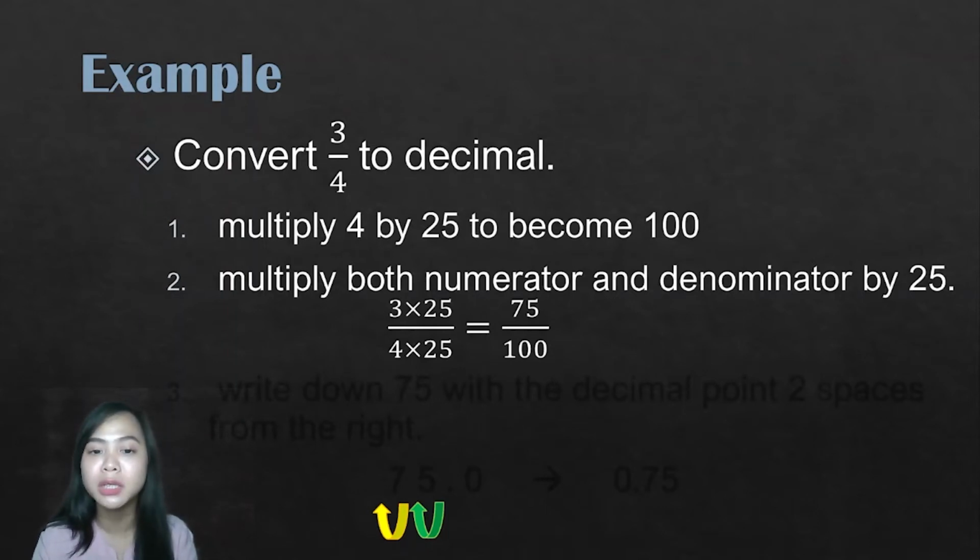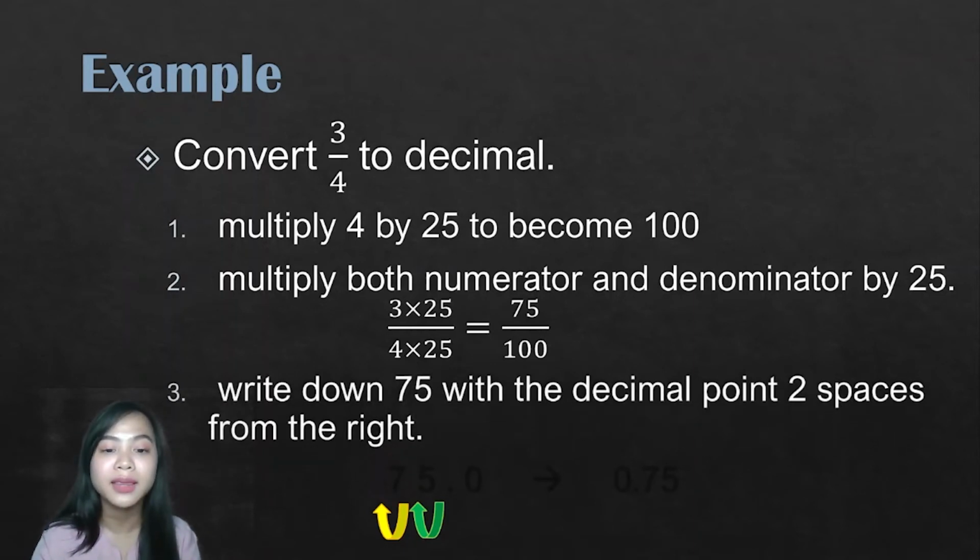So we have here the product of 3/4 times 25 over 25, that is 75 over 100. So this fraction can be simplified to a decimal form. So how?